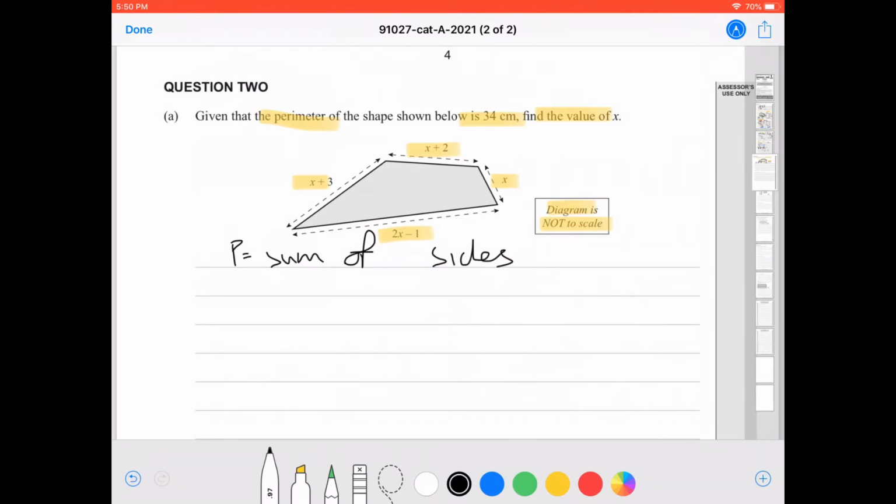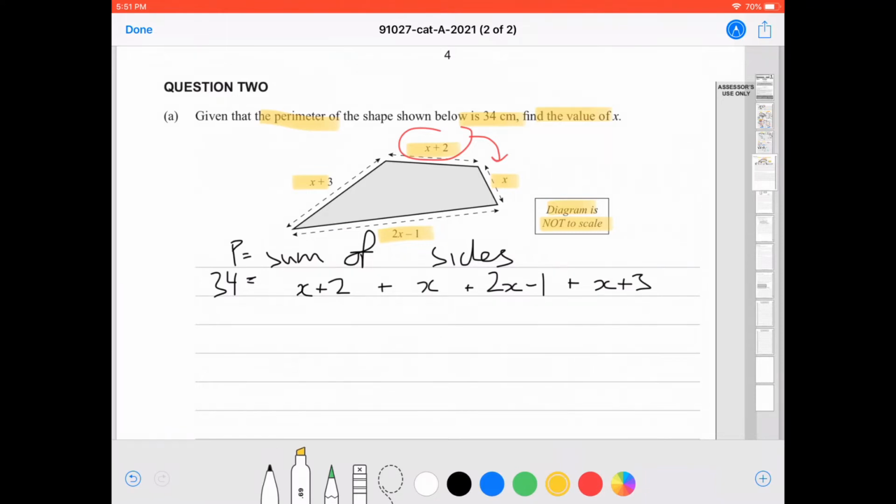Okay, so we're going to insert our side lengths in now. Our perimeter is 34. That's what we've been given. And so working from the top clockwise, we can say x plus 2 plus x plus 2x minus 1 plus x plus 3. Okay, so we've established our equation here. At this point we can collect like terms.